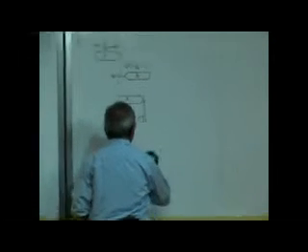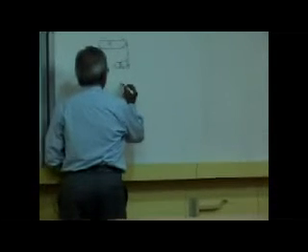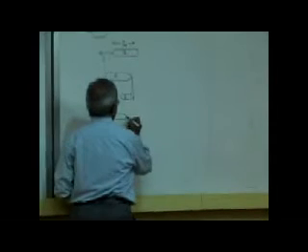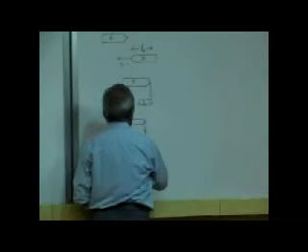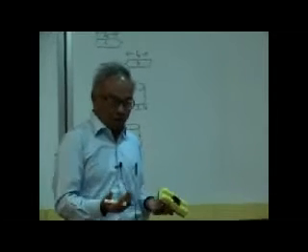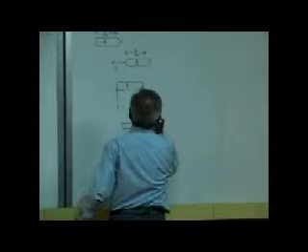But let me look at it from B's point of view. Here is my rocket being fired. A's length is contracted to L0 by gamma, that's its length.